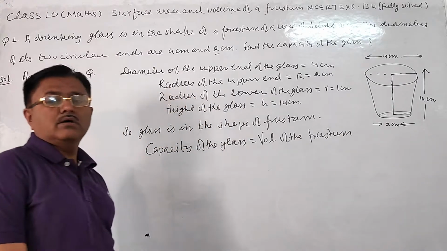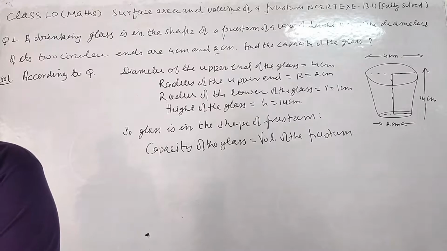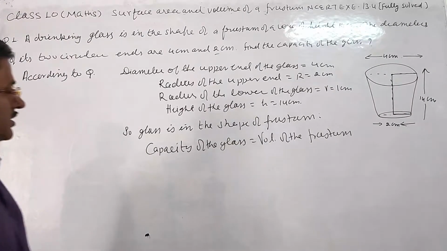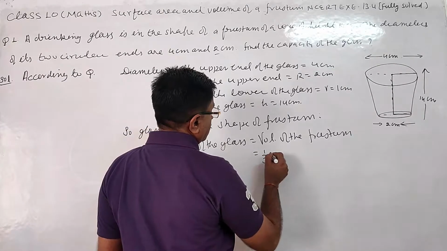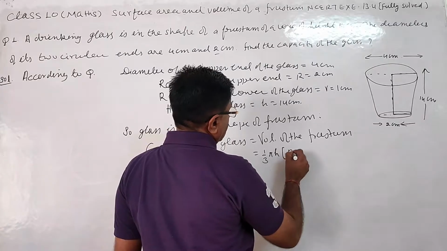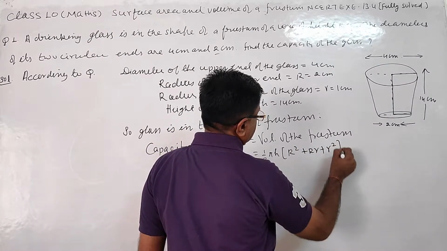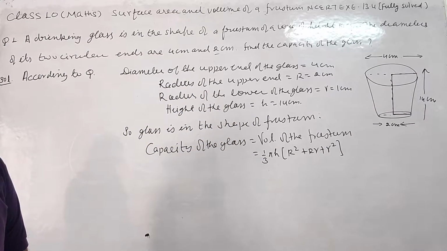To find the capacity of this glass, we have to use the formula for volume of a frustum. And as you know, the formula for volume of a frustum is 1 by 3 pi h (R square plus R into r plus small r square). So this is the formula for finding the volume of the frustum. Put these values.